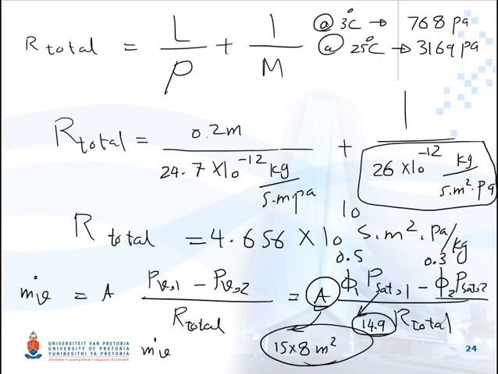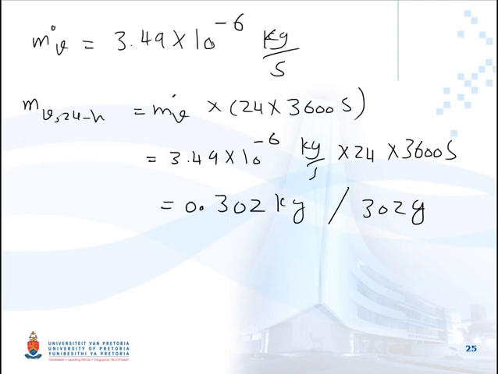We find our R total, and after that we put it into the correlation, driving force divided by resisting force, and we found m dot v. After that, when we have m dot v, if we multiply it by the time, we can have the amount of moisture that flows through the roof, and that was 302 grams. Please try it at home to see if you can get the same number and same results.